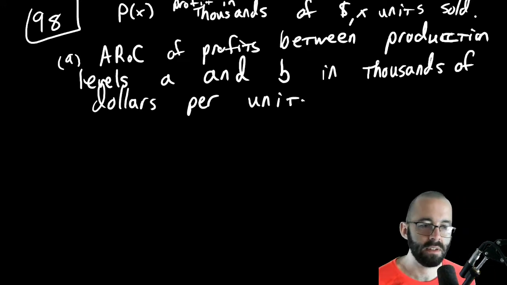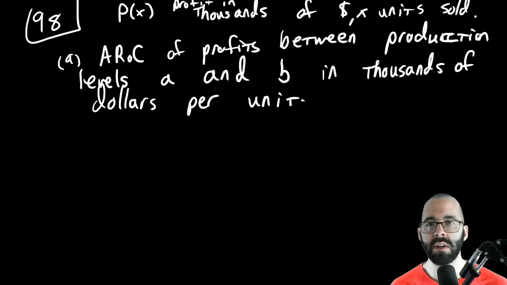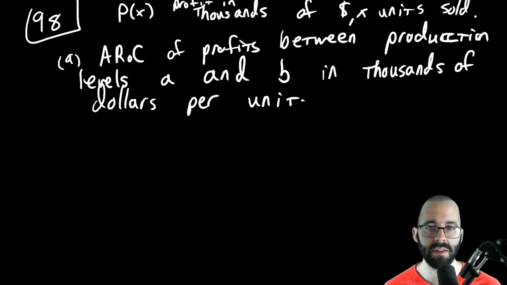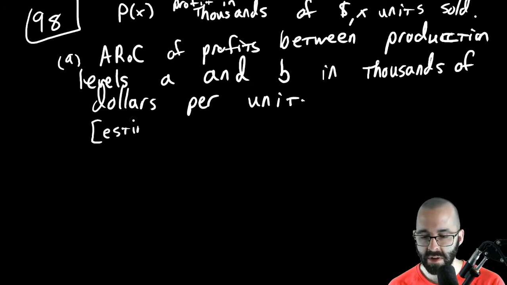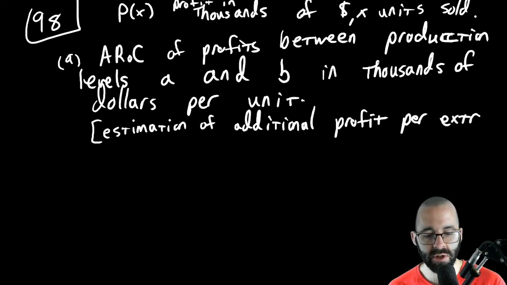In other words, the average change of profit between these levels of production. This is an estimate of how much additional profit we get for every additional unit produced. So this is maybe an even better answer: estimation of additional profit per extra unit produced.